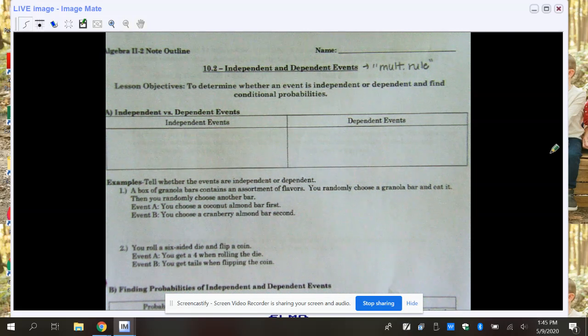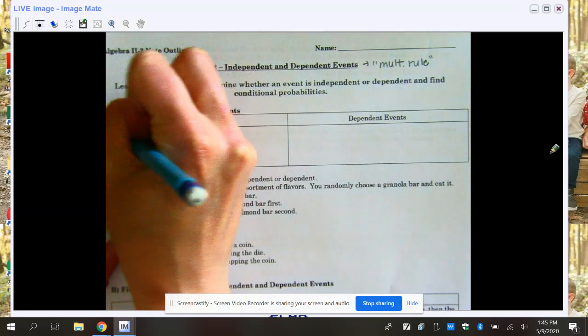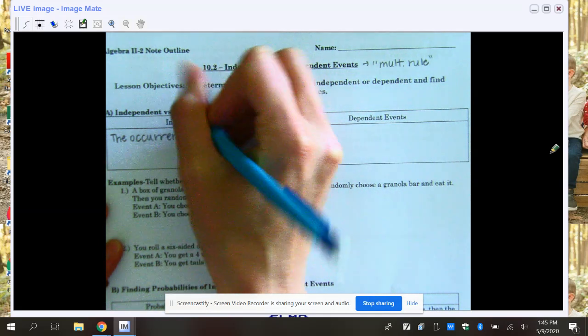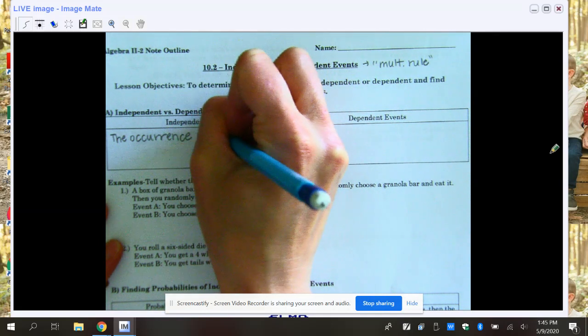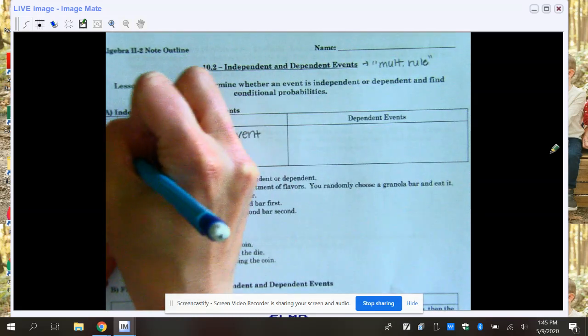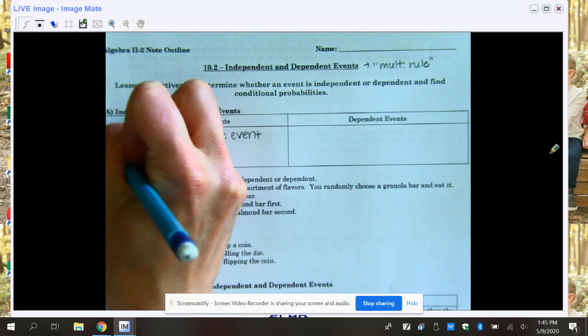All right. So independent events are two events in which the occurrence of one event does not affect the occurrence of another event.